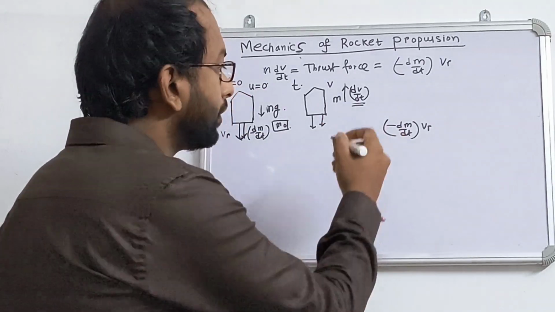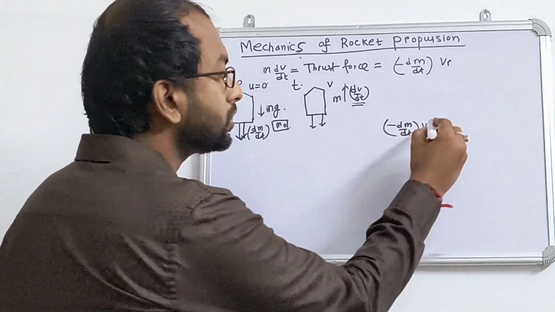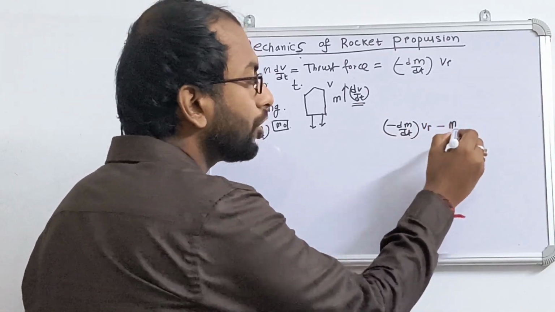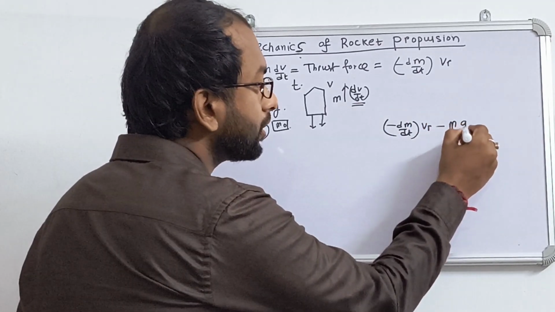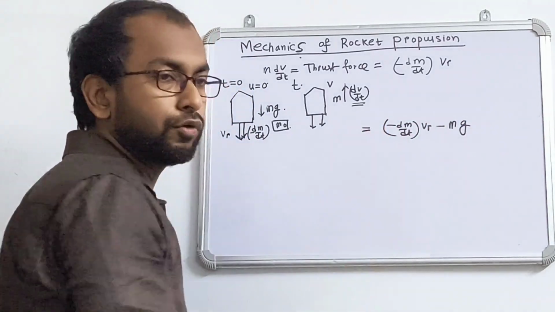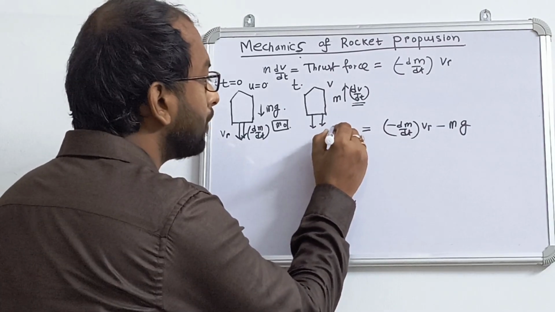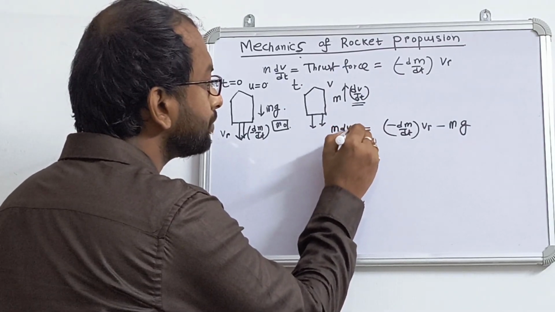And so the net force upward is this one minus the downward force. It has to overcome the weight, and that net upward force, from Newton's second law, you know, is mass into acceleration. So we write mass into dv/dt.